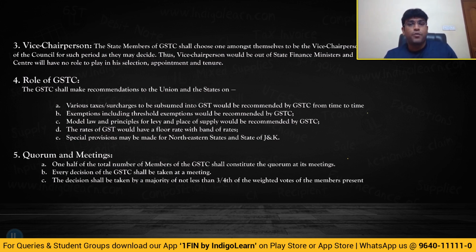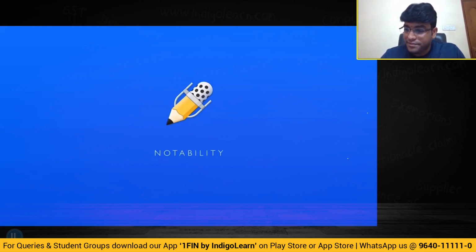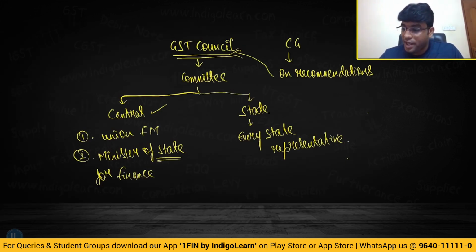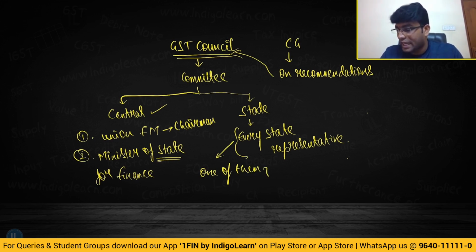Thus, the Vice Chairman would be out of the state finance ministers, and the Centre will have no role to play in his selection, appointment and tenure. So basically, the Union Finance Minister will act as chairman, and from all the representatives, they will elect one and make him vice chairman.